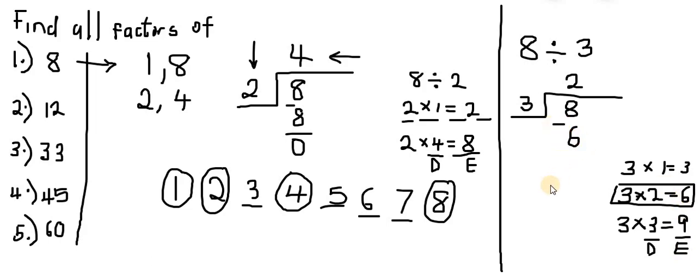We subtract, put that there and subtract, so we get 2. So 8 divided by 3 is 2, remainder 2. Because it has remainders, 3 is not a factor of 8. You can check 5, 6, and 7, but they are not factors as well. 5 creates a remainder, 6 creates a remainder, 7 creates a remainder.